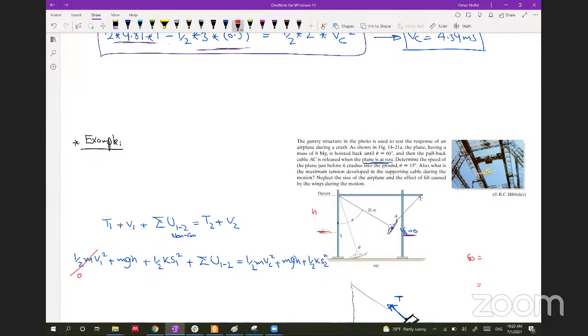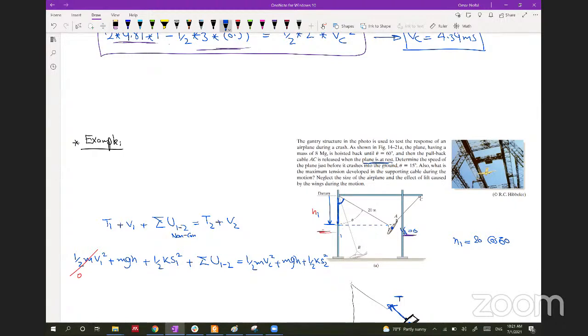Here is our theta, and here is H1. The cosine of theta gives H1 equal to 20 cosine 60, because this is the line that we need to get.